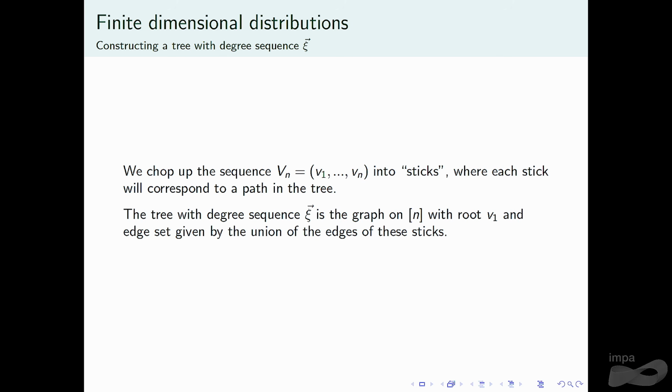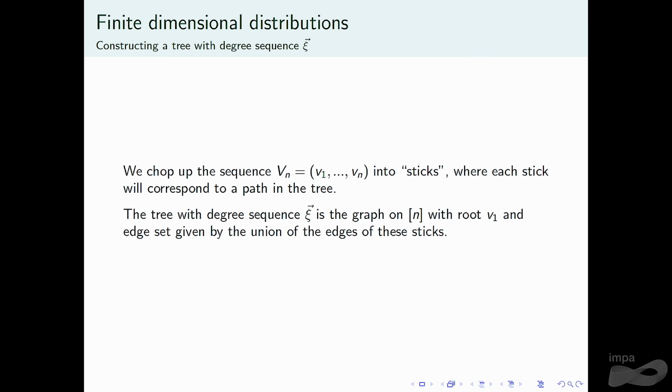The idea is that we'd like to chop up this sequence into essentially sticks. And each stick is going to correspond to a path in the tree. Then we're going to graft these sticks together, and the tree with degree sequence ψ will be the graph on n with root v1 and edge set given by the union of these sticks.